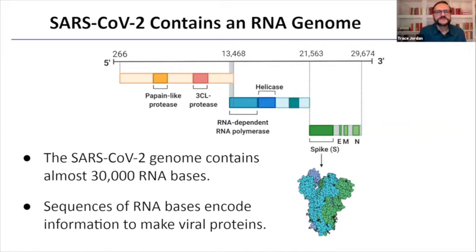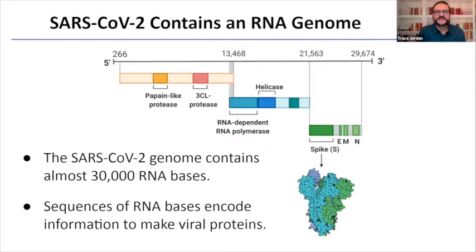Some of those proteins are enzymes that assist with viral replication. So one example that you'll see in the middle of the slide is an enzyme called RNA-dependent RNA polymerase. So that is an enzyme that makes more copies of RNA, which enables the virus to replicate.